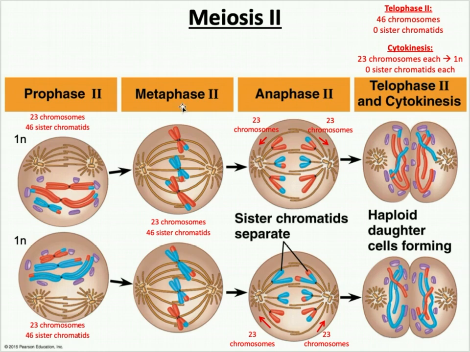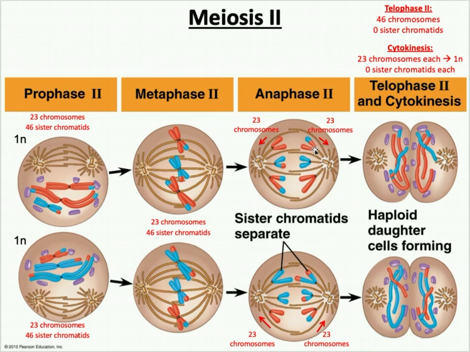But notice how metaphase 2 looks a little bit different from metaphase of mitosis, where we had that crossing over event. So each sister chromatid is not exactly the same anymore, like they would be in metaphase of mitosis. And then next you have anaphase 2, where the sister chromatids separate.